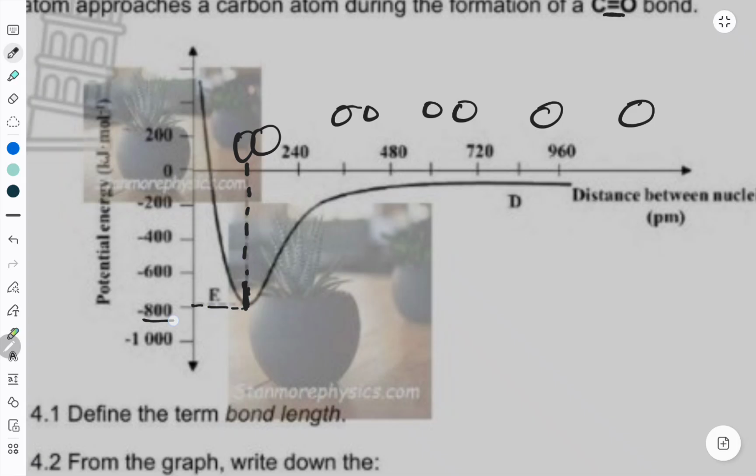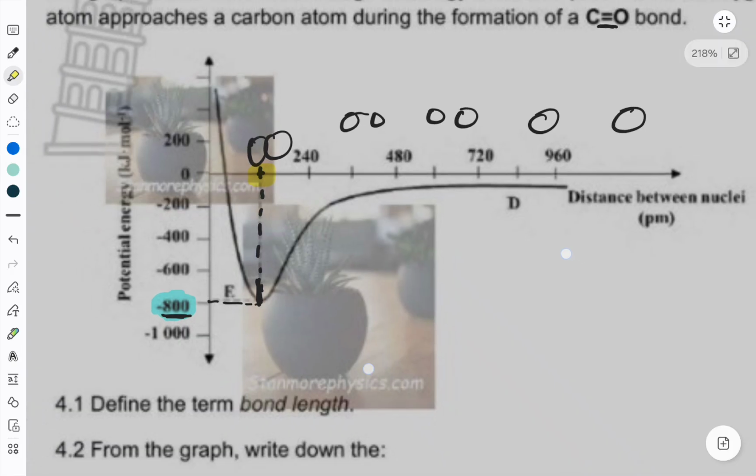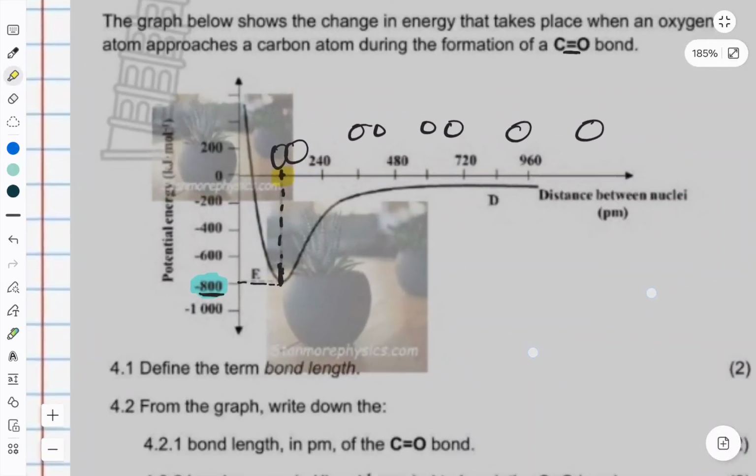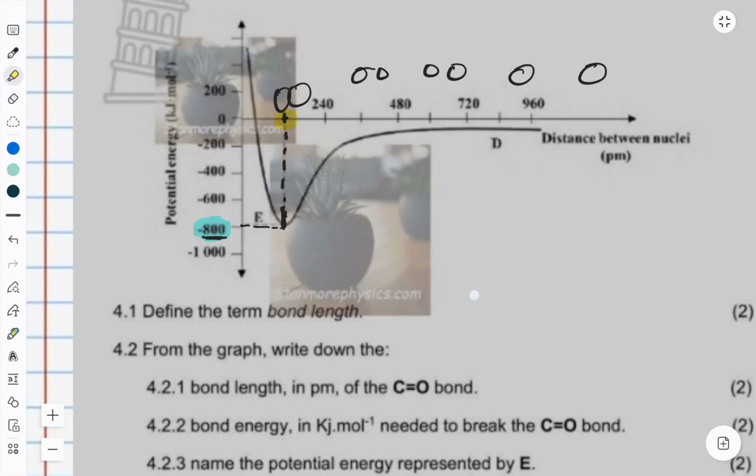So our bond energy here is that, and our bond length is there. Unfortunately there's a watermark on this paper, but I hope you can see the graph and the values. I'm not sure why it has a watermark.